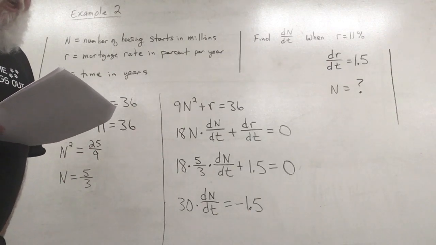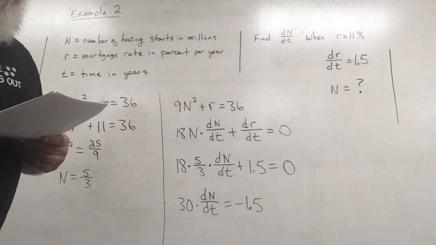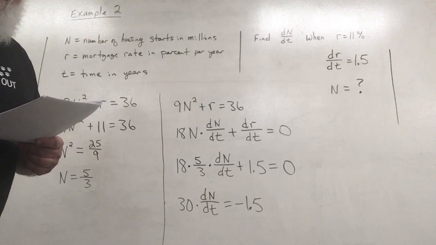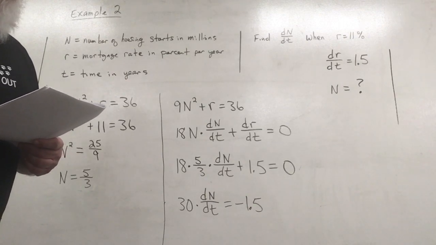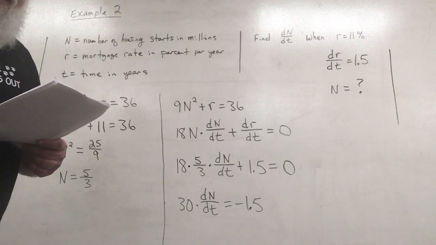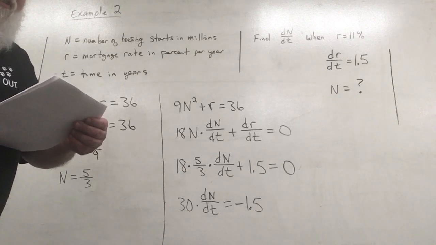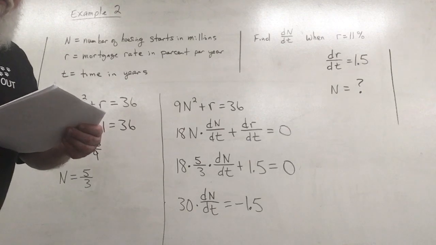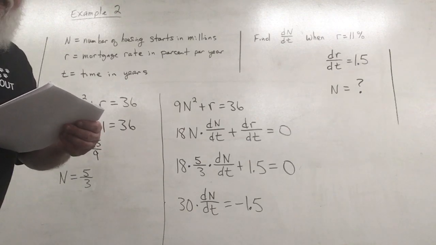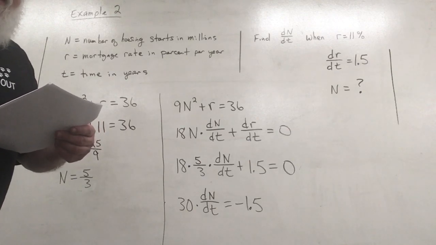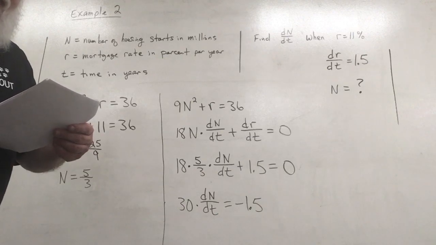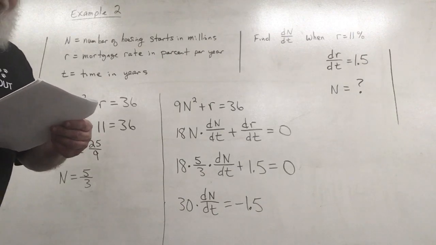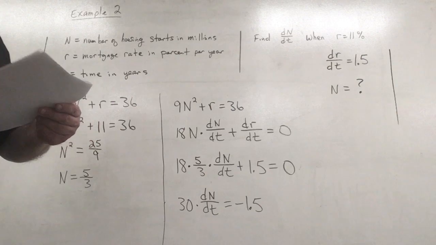What is the rate of change? When you see the phrase rate of change, you know we're talking about a derivative, how fast something is changing. What is the rate of change of the number of housing starts, N, with respect to time t, when the mortgage rate is 11% per year and is increasing at a rate of 1.5% per year?